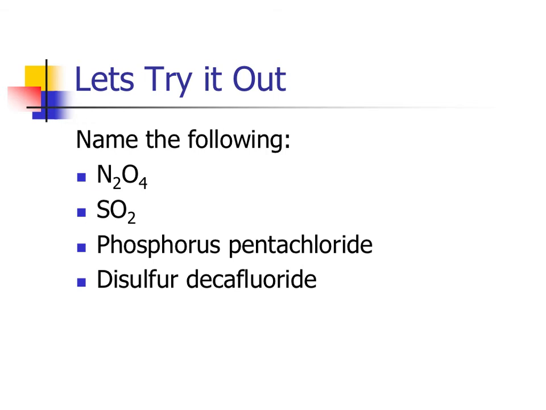So let's try some out. For the first one, we name the first element nitrogen, and there's 2 of them, so we would say dinitrogen.